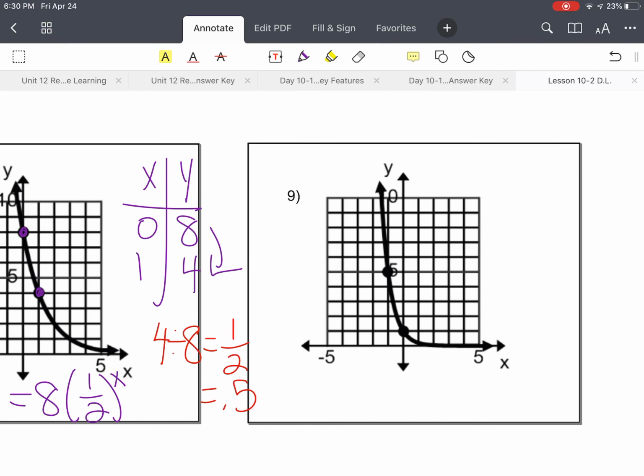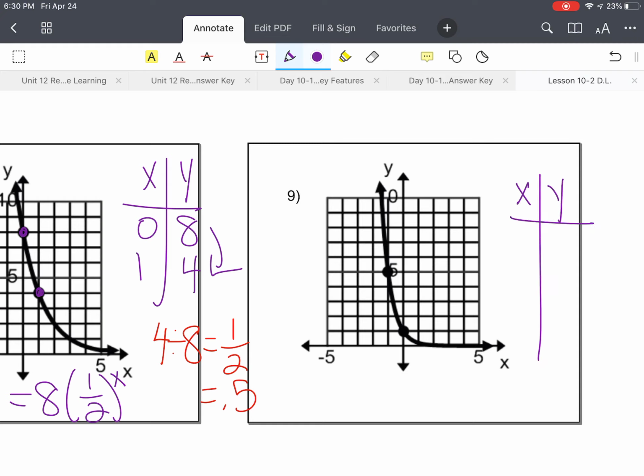Okay, let's take a look at number 9. Remember you want to start all the way to the left. So the first good point I see is -1, 5. I just marked it in purple so you can see what I'm talking about. And 0, 1. Okay, so I do know my y-intercept is 1, so it's going to start with a 1, parenthesis to the x. 5 times what is 1?